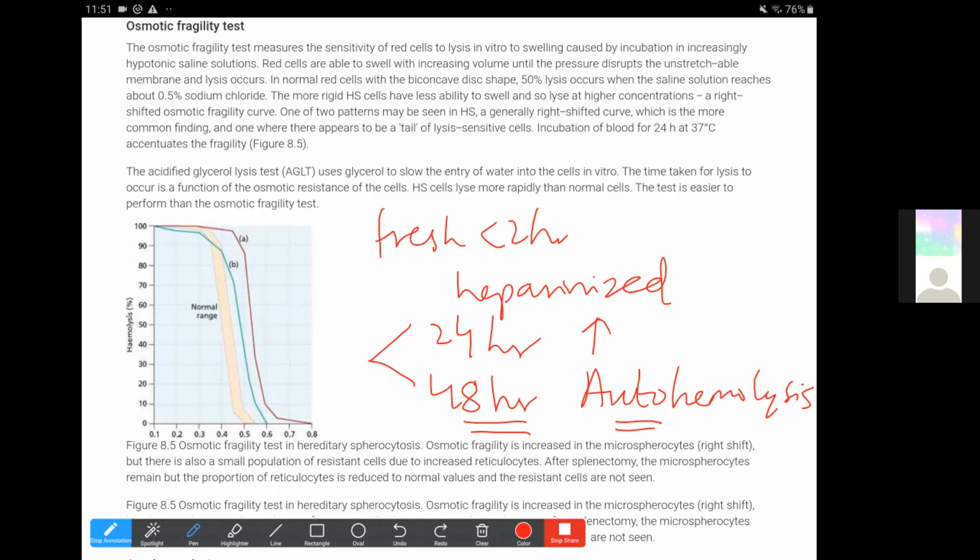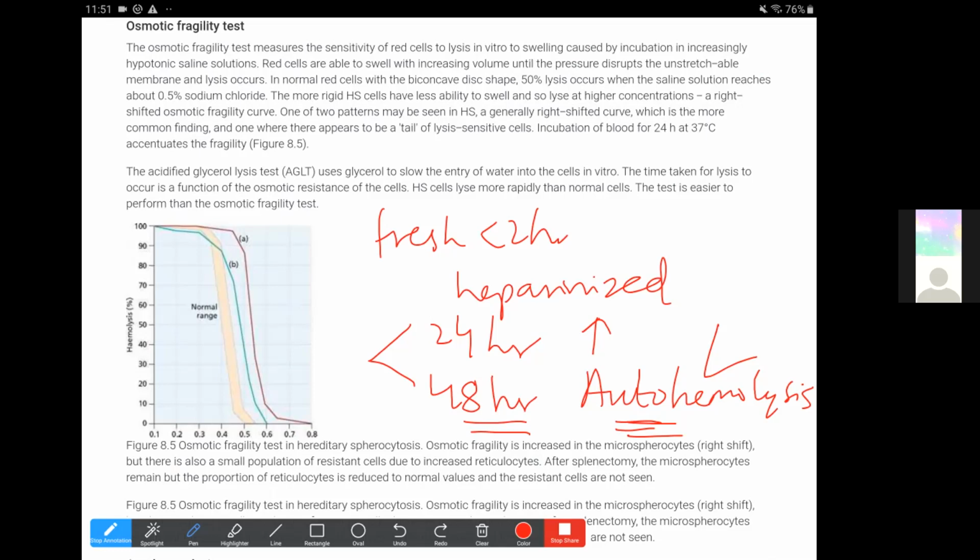This also helps us to differentiate hereditary spherocytosis from pyruvate kinase deficiency, another enzyme deficiency, in which case autohemolysis also occurs. But in pyruvate kinase deficiency, no correction occurs with glucose. In fact, because it is an enzyme defect, correction occurs with ATP and not with glucose.